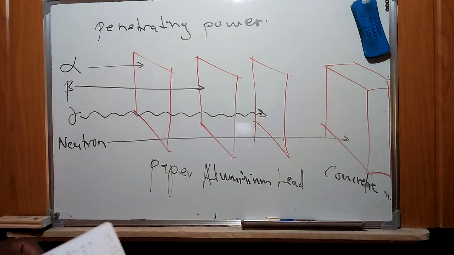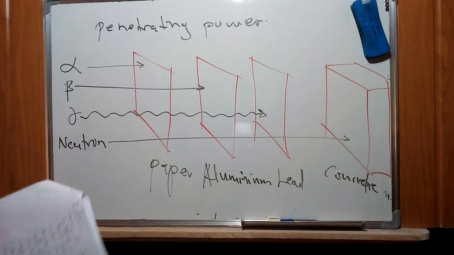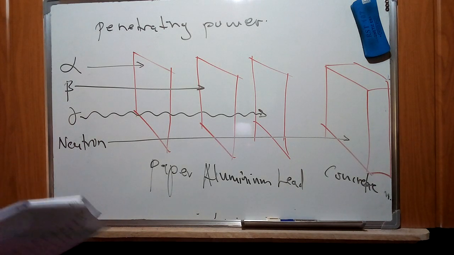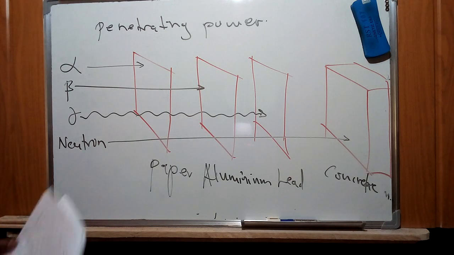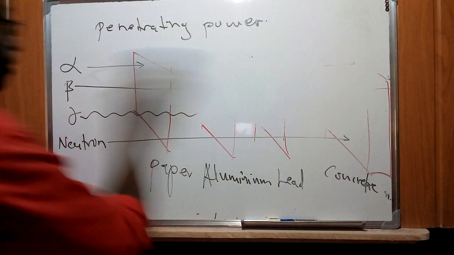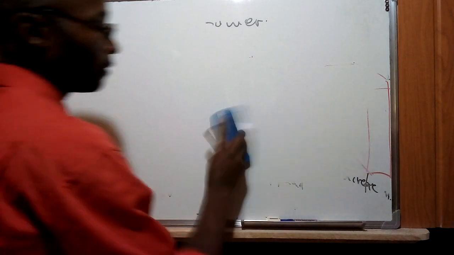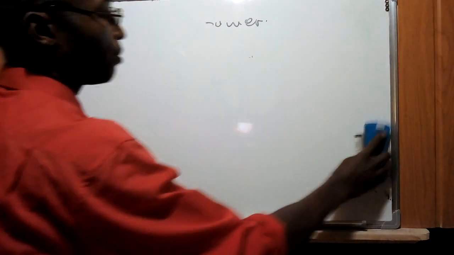Now lastly, I'm going to look at the summary of the three that we have discussed, so that we can close on this discussion on radioactive decay. So for the first one, the alpha, beta, and gamma that we have tried to show using different illustrations.